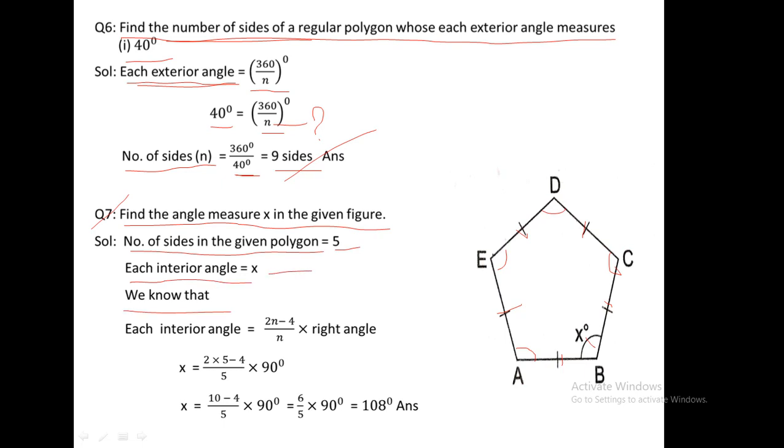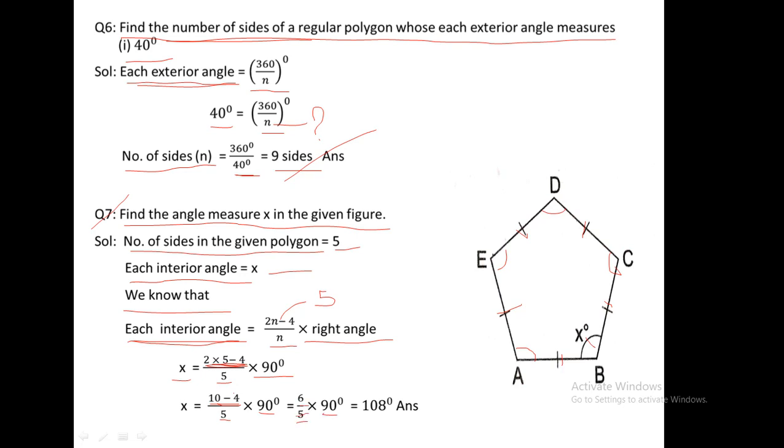So we know the formula: each interior angle equals (2n minus 4) upon n into right angle. So each interior angle x equals, in place of n we put 5. So we write (2 into 5 minus 4) upon 5 into 90 degrees. First of all we solve 2 into 5, it will come 10, so (10 minus 4) upon 5 into 90 degrees. Again solving 10 minus 4, it will come 6 upon 5 multiplied by 90.